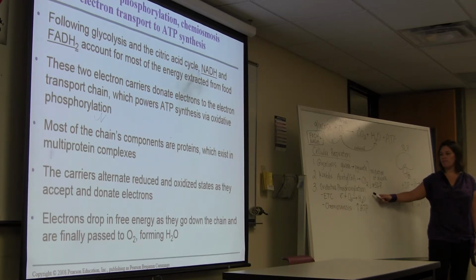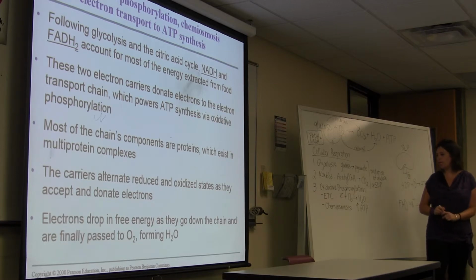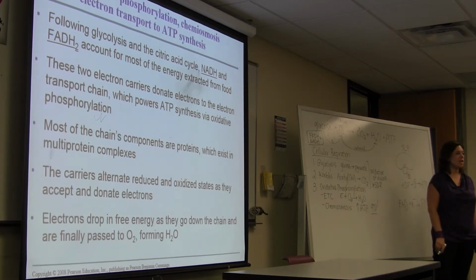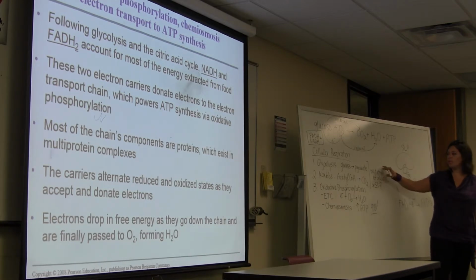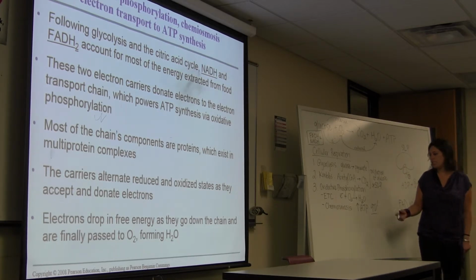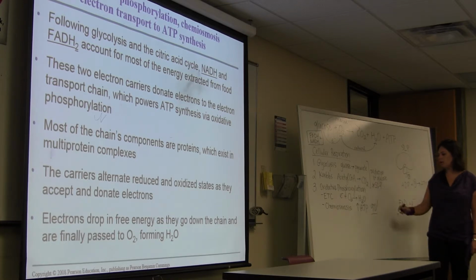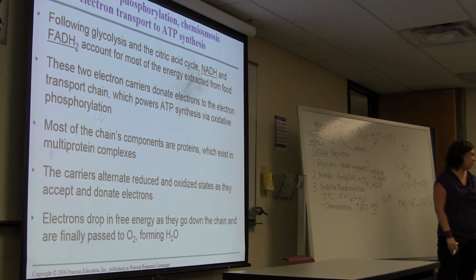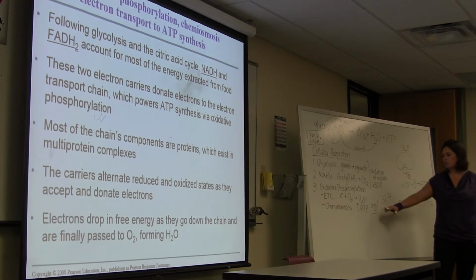In oxidative phosphorylation, you're going to get 90% of the ATP that you make. We're only generating a couple of ATP in glycolysis and a couple of ATP in the Krebs cycle. Well, in chemiosmosis and oxidative phosphorylation combined, you're going to make about 32 to 34 ATP. So a lot more ATP. This is where all your ATP is coming from.